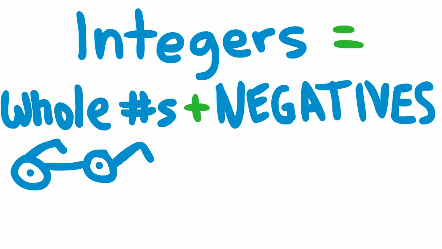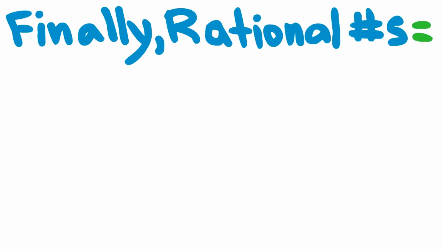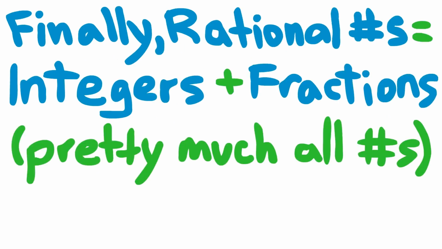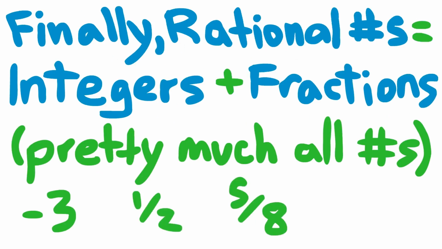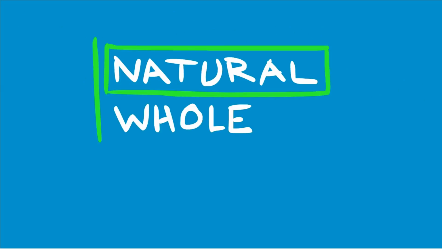Integers are whole numbers plus negatives. They look a little bit like this: -2, -1, 0, 1, and so on. Last but not least, not to be outdone, rational numbers are integers and fractions like -3, 1/2, 5/8, and 14.2.